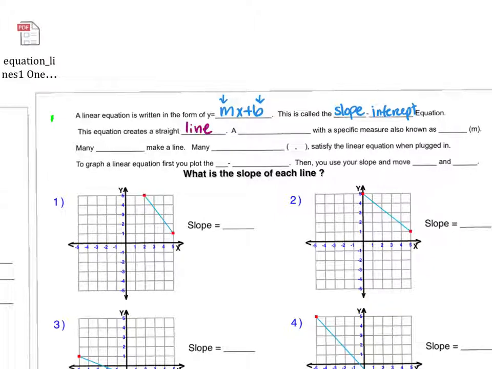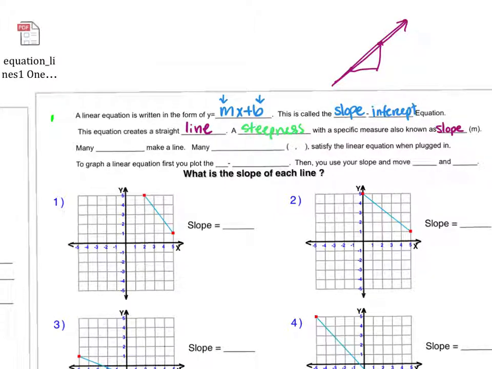We know that. And it describes a steepness with a specific measure, also known as the slope. Okay, so a line, a steepness, a slope, they all mean the same thing, right? A line has points. Those points have a measure, right? And they make a steepness.